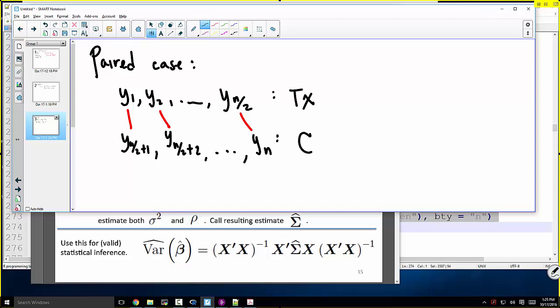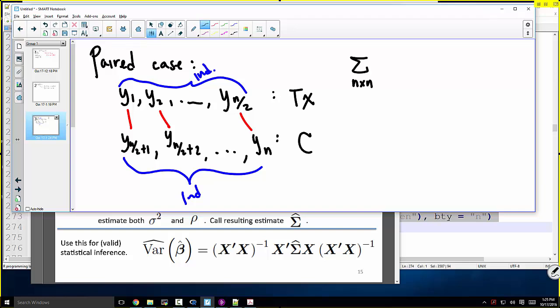Then under this scenario, these are independent of one another, and those are independent of one another. It's the between-class comparison where there's actual correlation. So if we think about an n by n covariance matrix, we can partition this thing into different pieces.